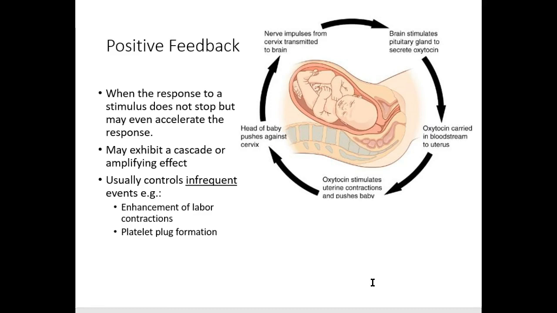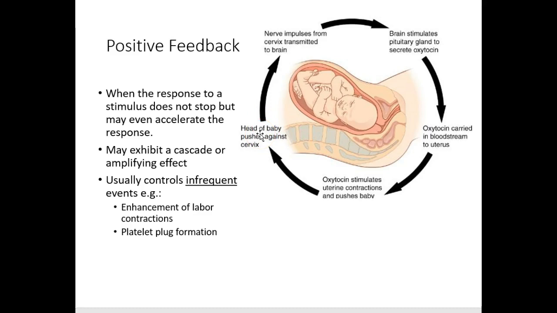Next up is positive feedback. In positive feedback, you get a stimulus, but in this case there is no auto shutoff. It does not stop and usually tends to accelerate the response or a response to the initial stimulus. What they're showing you here is one of the more popular examples of it.